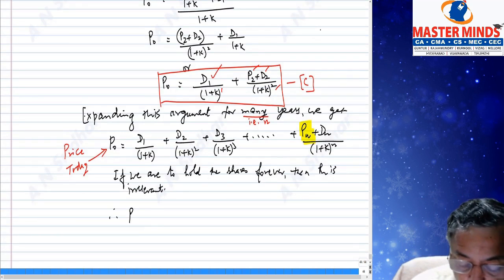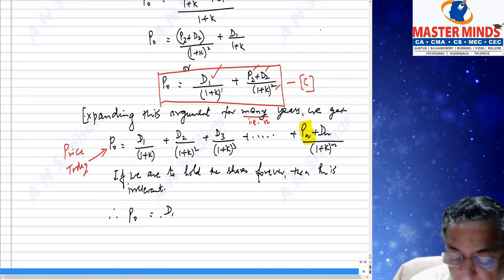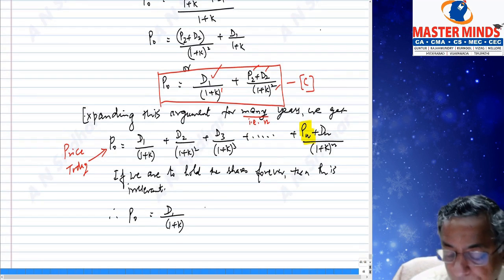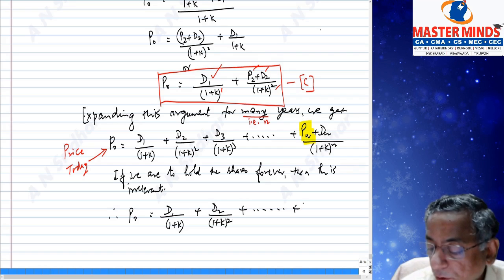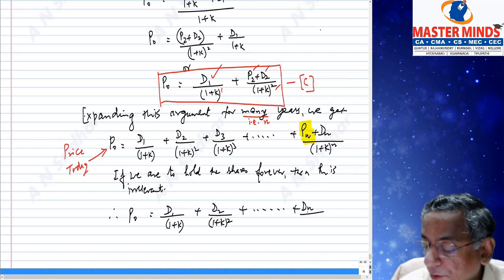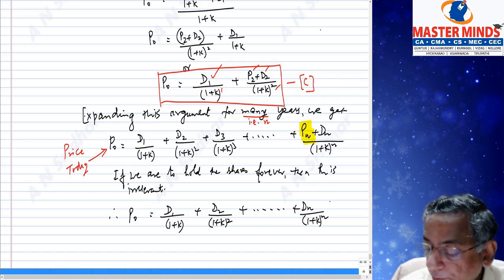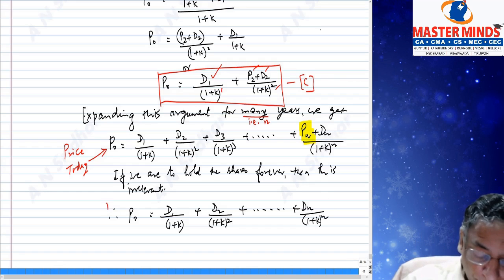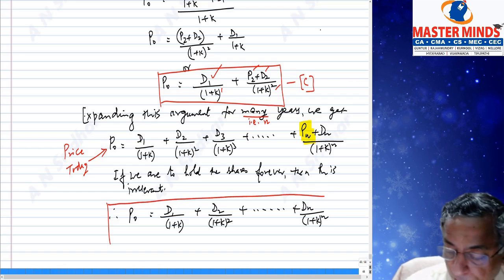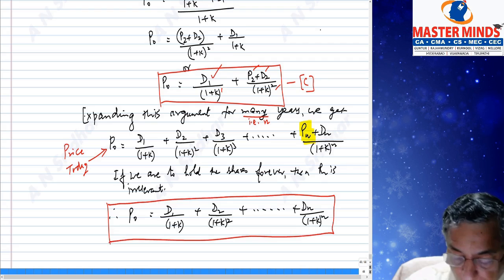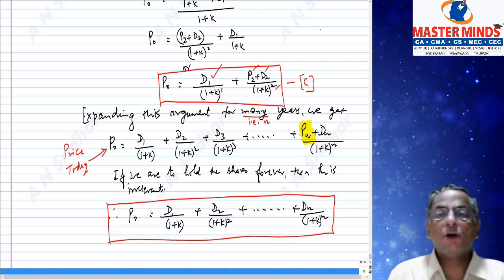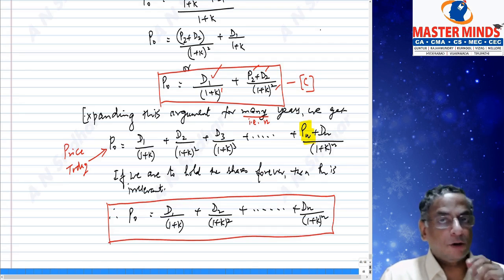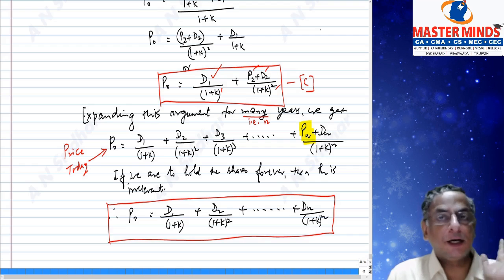Therefore, P0 equal to D1 upon 1 plus k, D2 upon 1 plus k square, plus Dn upon 1 plus k raised to n. So we removed Pn because I'm not going to sell the shares if I want to be part of the company till the end.